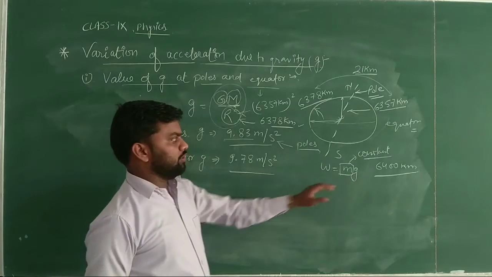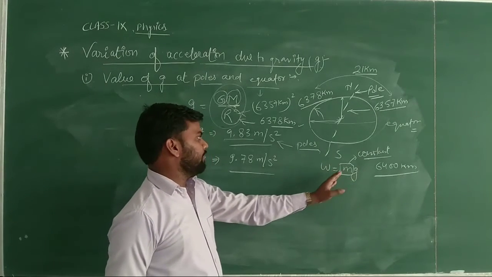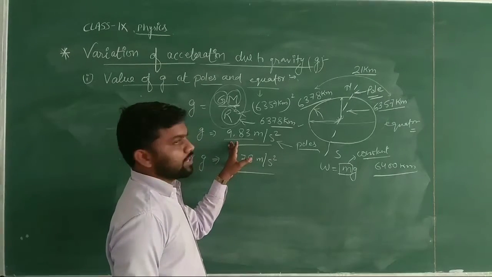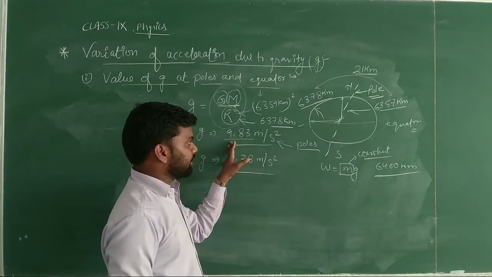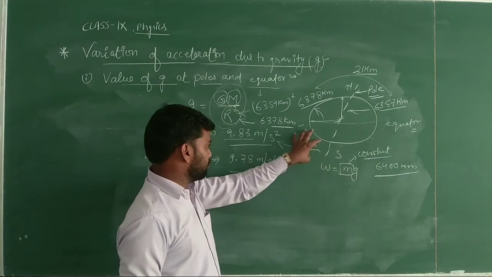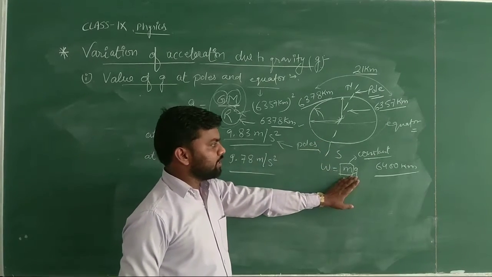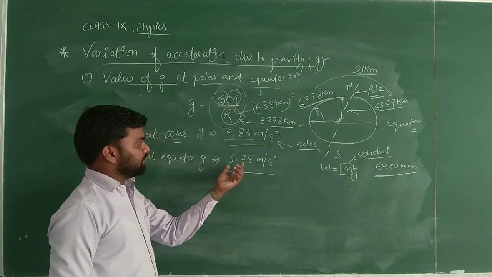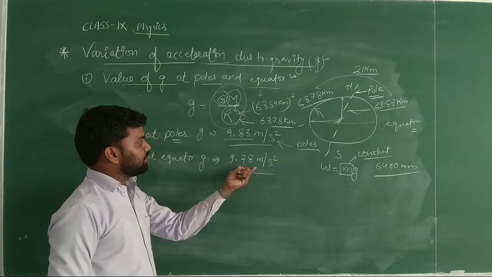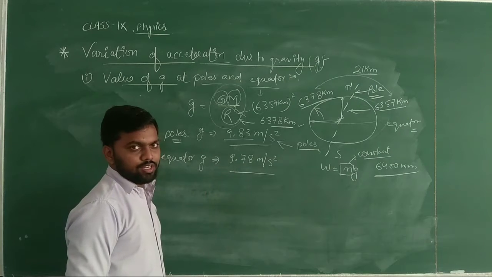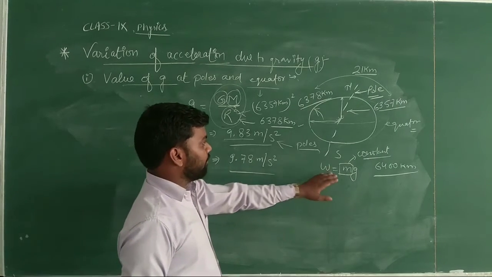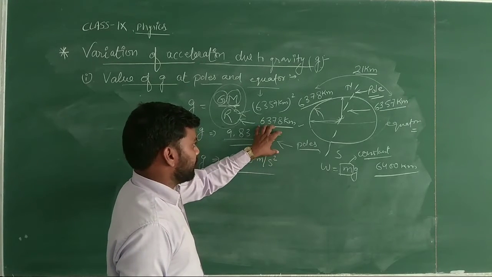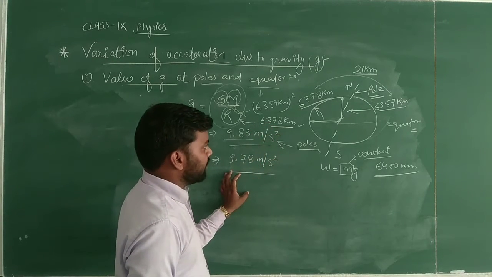But the value of g is changing. If we multiply the mass of an object by the higher value, we get a higher weight, so the weight will be higher at the poles. But if we multiply the mass by g equal to 9.78 meters per second squared at the equator, we get a lesser weight. So the weight at the poles will be higher and at the equator lesser.